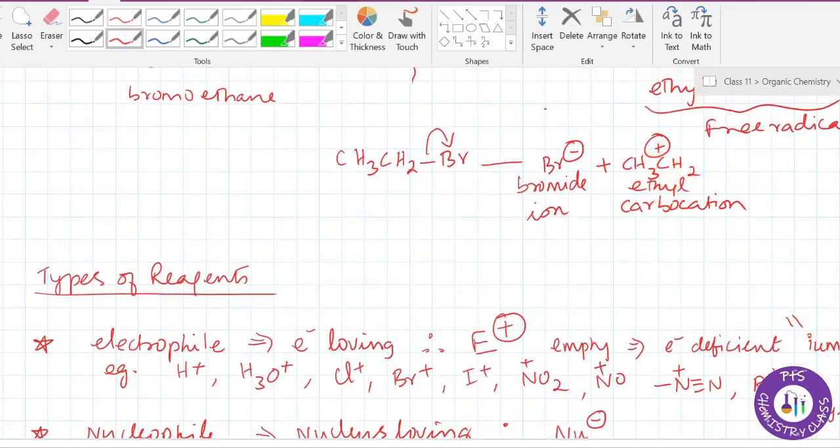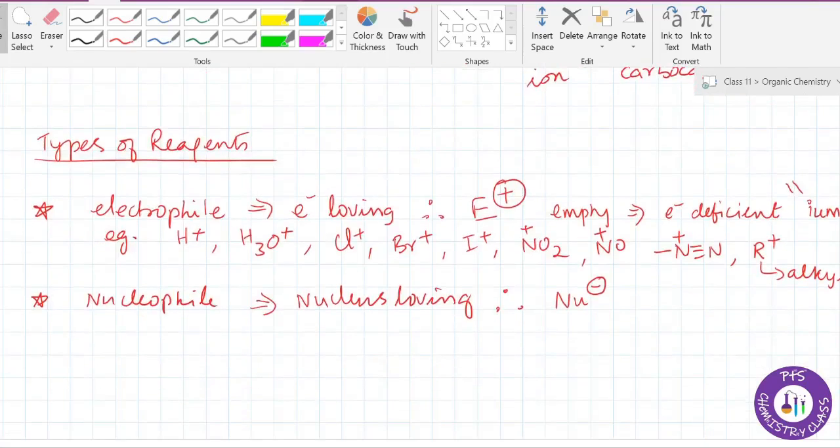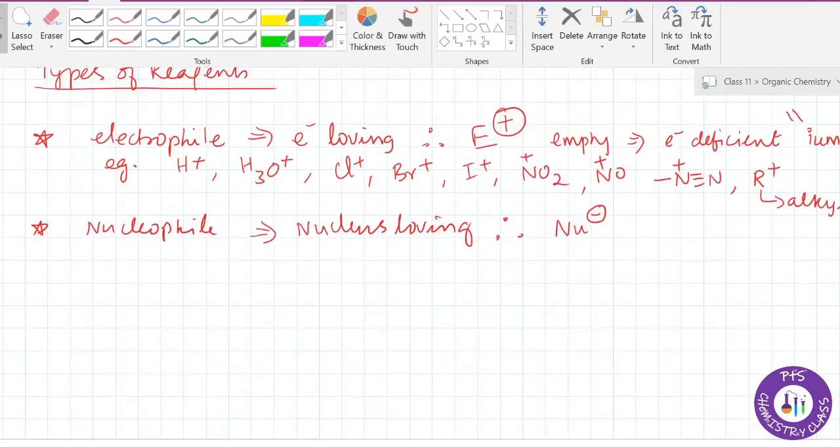So electrophiles are electron deficient species which, during the course of a reaction, will try to accept electrons and then proceed in the reaction.